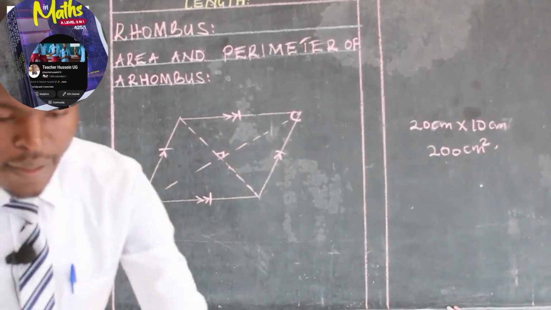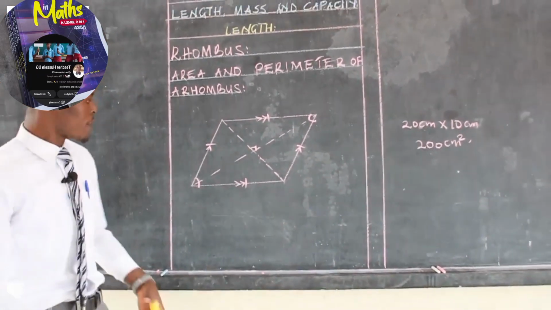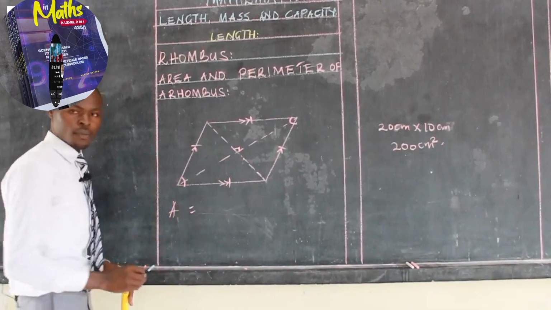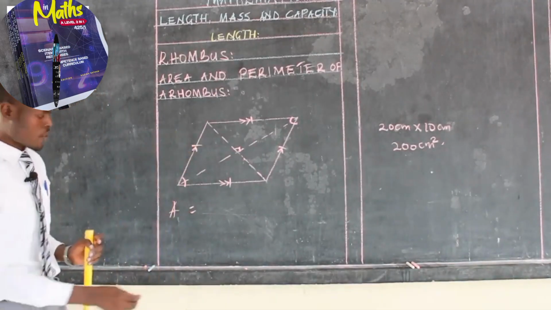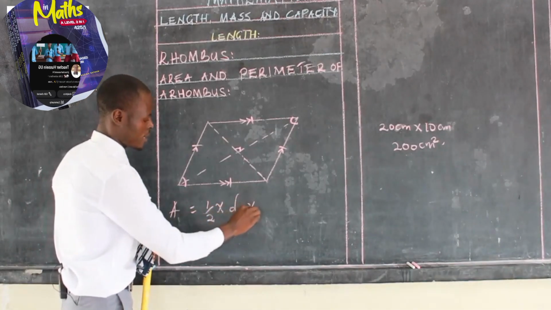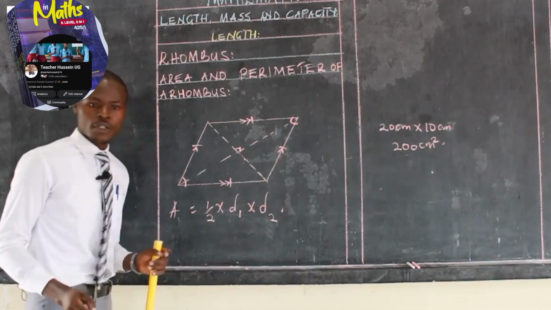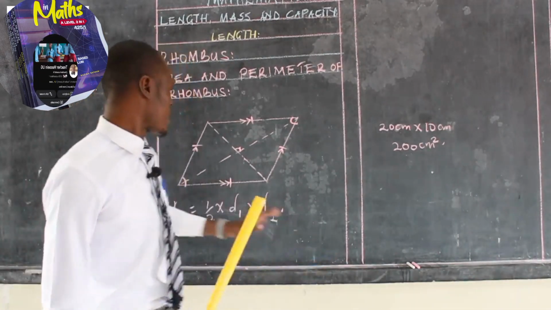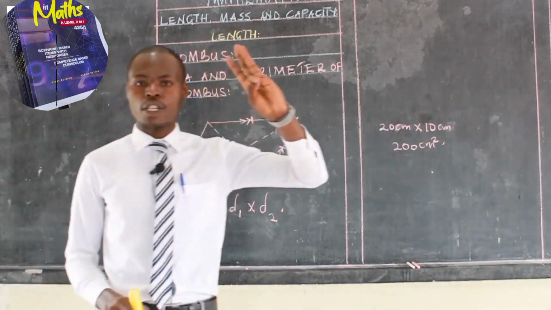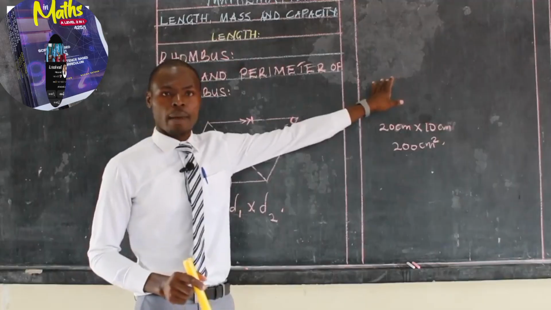Now, the area of the rhombus is gotten from a formula. We have a variety I want to share with you. One of them: if you want to get the area of a rhombus, we say a half times diagonal 1 times diagonal 2. It is also important for us to tell these diagonals. This rhombus has 2 diagonals. We have the major diagonal, and the other one is the minor diagonal.